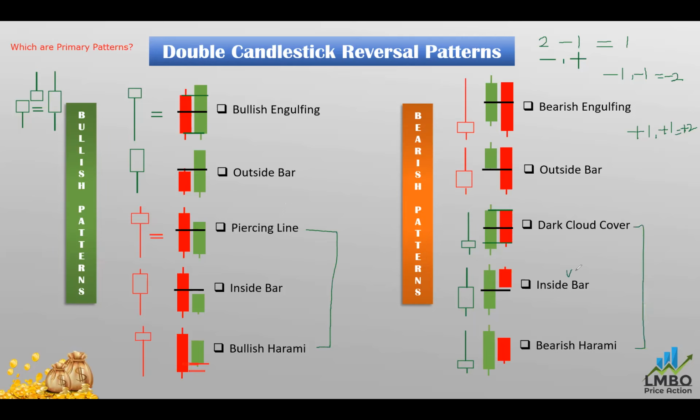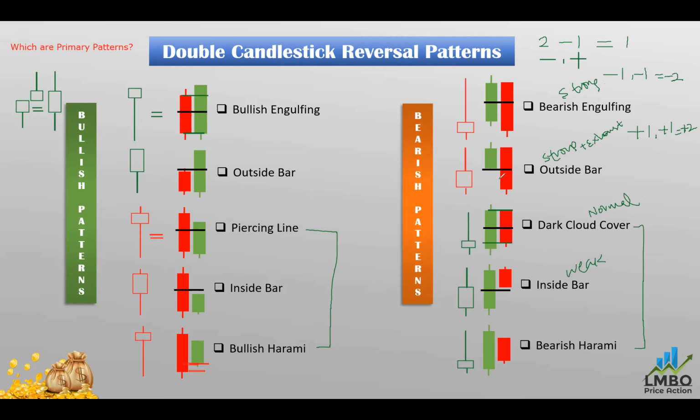This is a very weak pattern, and this is a normal pattern. This is strong, and this is strong plus exhaust pattern.